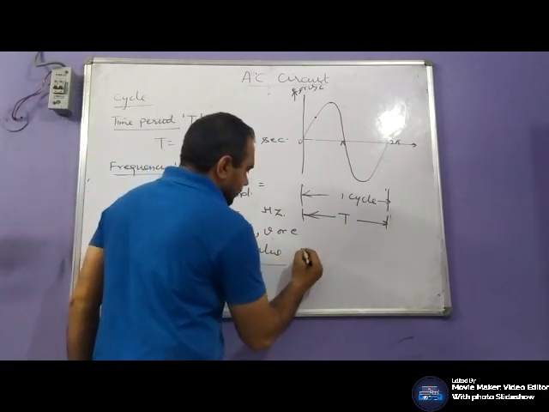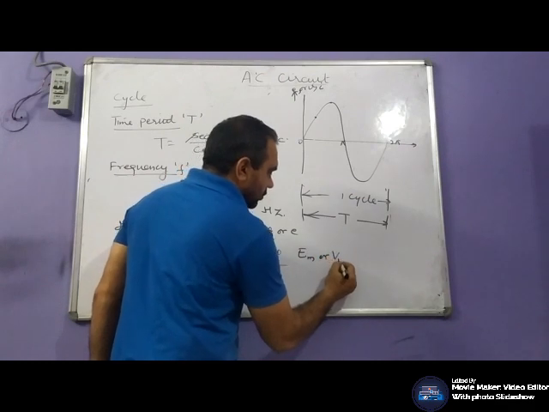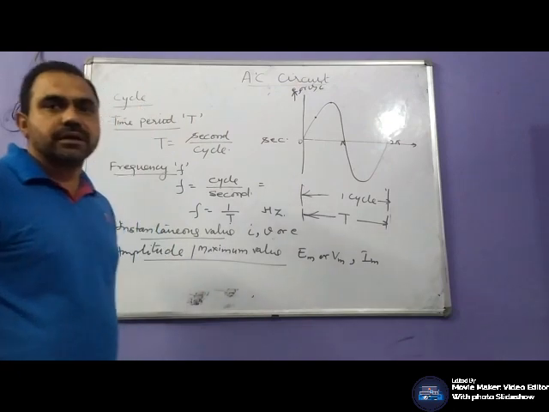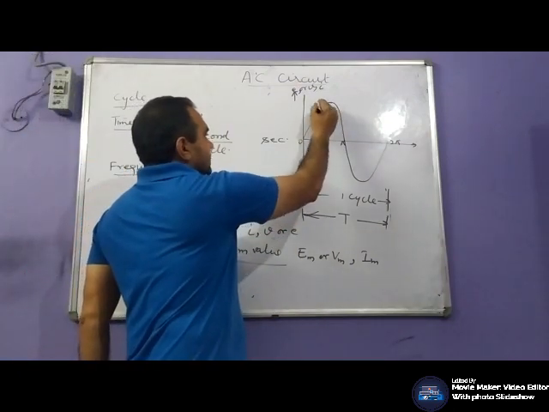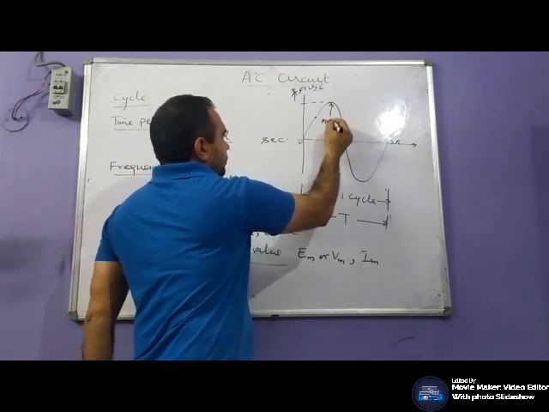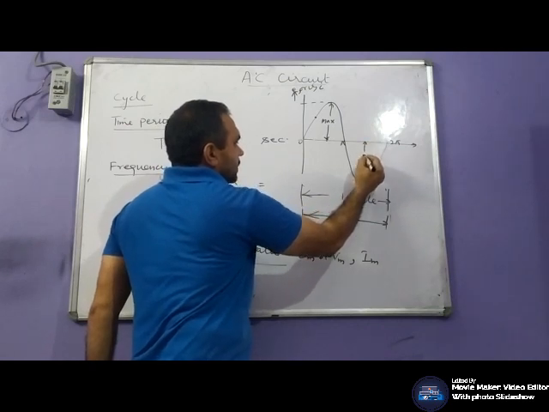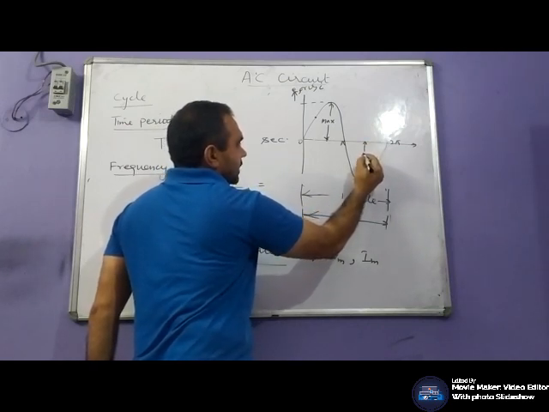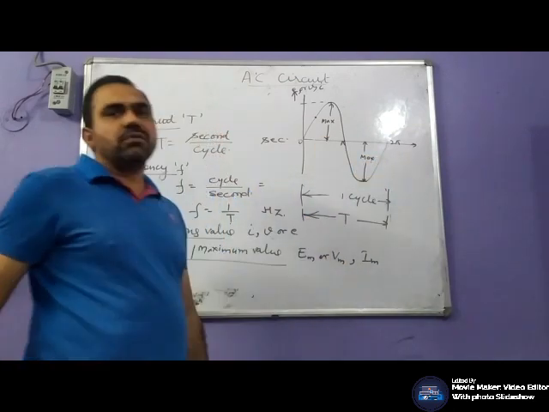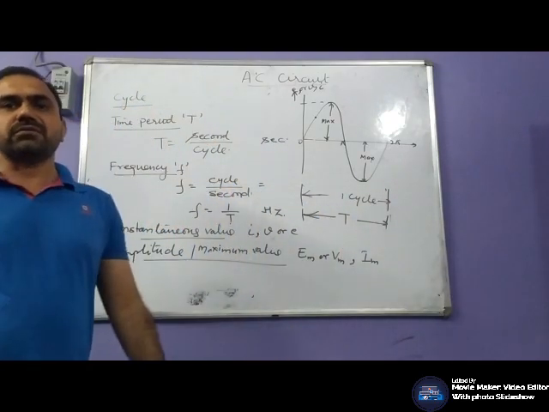That is generally represented by voltage Em or Vm, current Im. The maximum value is the maximum magnitude attained by an alternating quantity in either direction, positive half cycle or negative half cycle. It is known as the maximum value or amplitude of the particular alternating quantity.